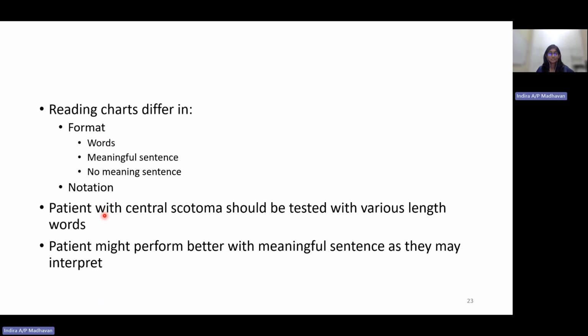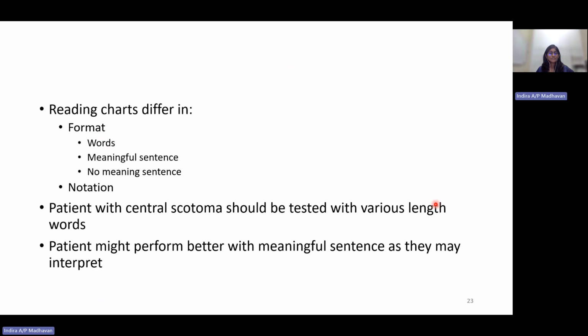This is covering the whole word, so the patient with central scotoma might think there is no word in between. If you give a long word, like meaningful, and maybe NING is missing, then the patient knows that four letters are missing. That is the reason why it has to be tested with various lengths, so that we know whether they really miss the word or not.